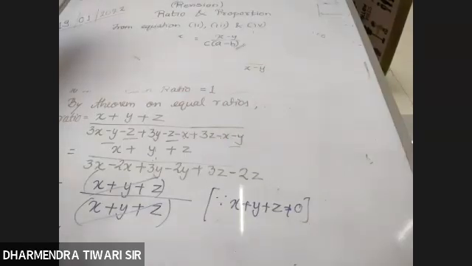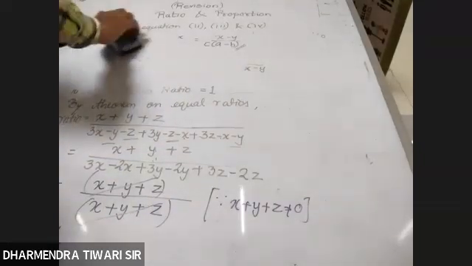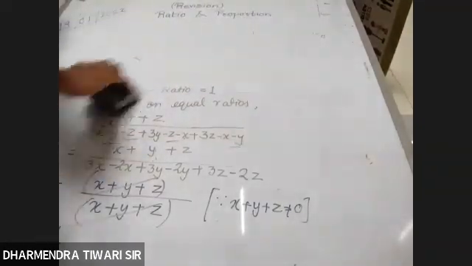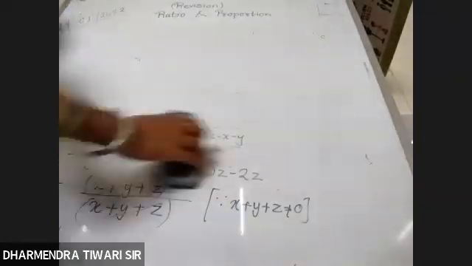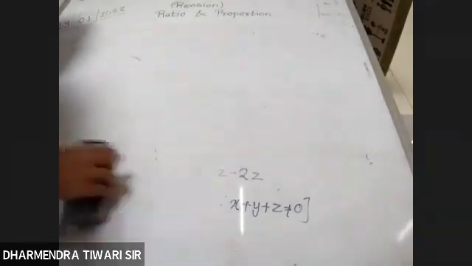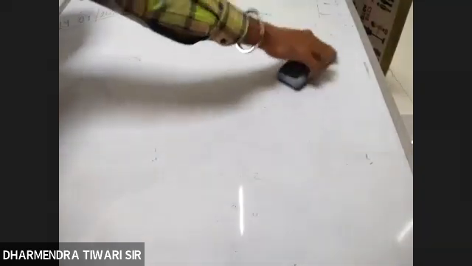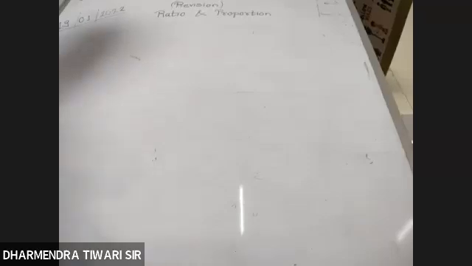The only difference is that we have solved this type of problem by using componendo and dividendo, but this time we solve the problem again by using the theorem on equal ratios. So I'm solving question number 4 first for you.